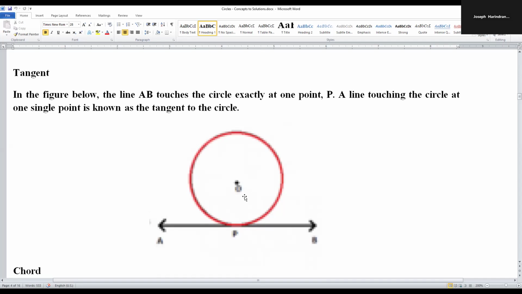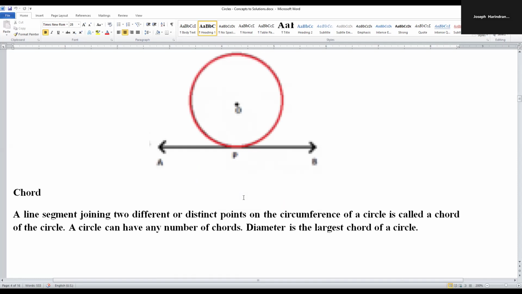Exactly at one point it will touch. A line segment joining two distinct points on the circumference of a circle is called a chord of the circle. A circle can have any number of chords. Diameter is the largest chord of a circle.